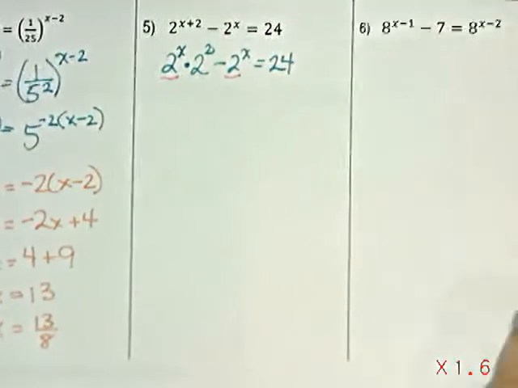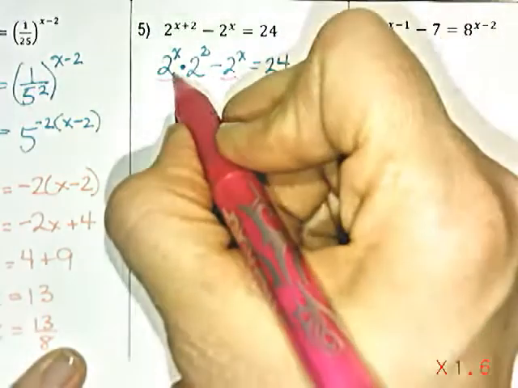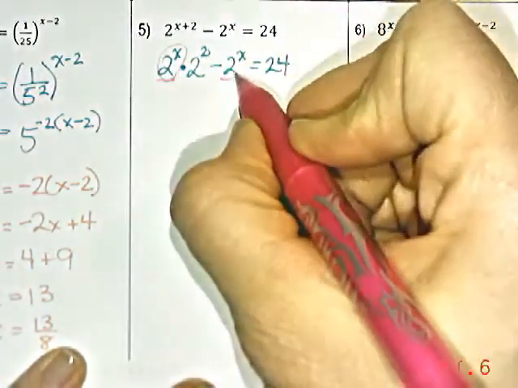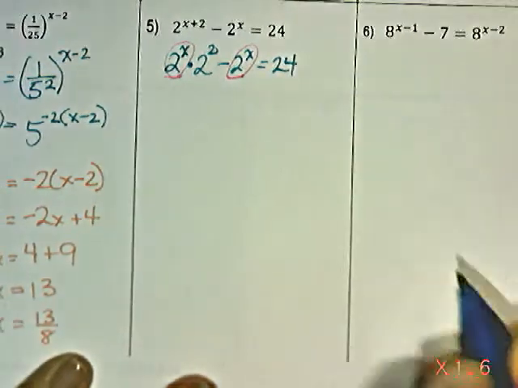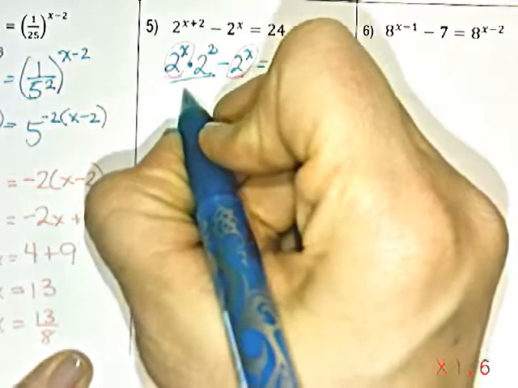Similarly here, I'm not just going to factor out an x, I'm going to factor out the entire term 2 to the exponent x. And common factoring is essentially dividing it out of each term.